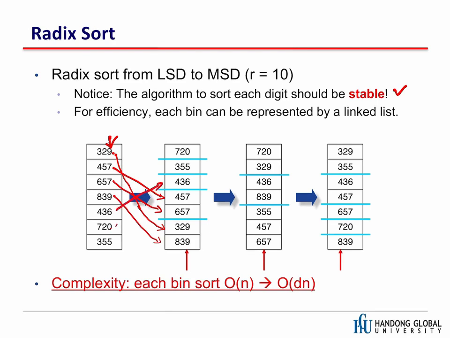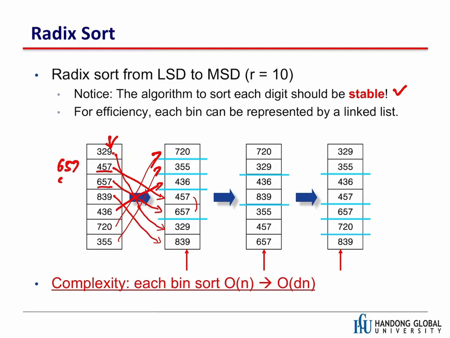Okay, the 7 and the 9 and the 6, 0 and 5. It takes just linear time. Okay, good. But this is stable, so it means for 57 and 657, they don't change the order, even though they have the same digit, 7 and 7, but they don't change the order. Okay.